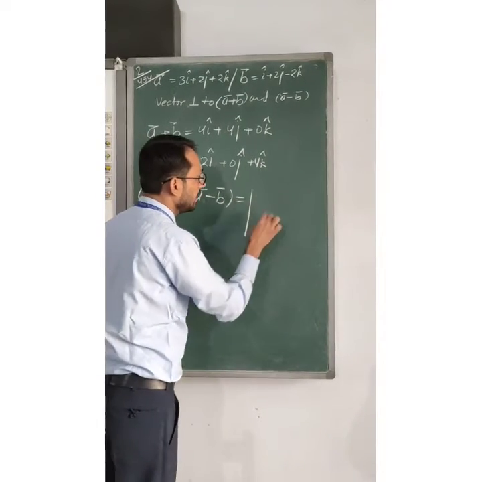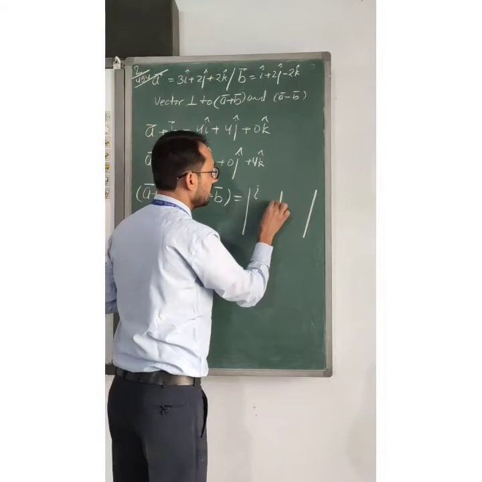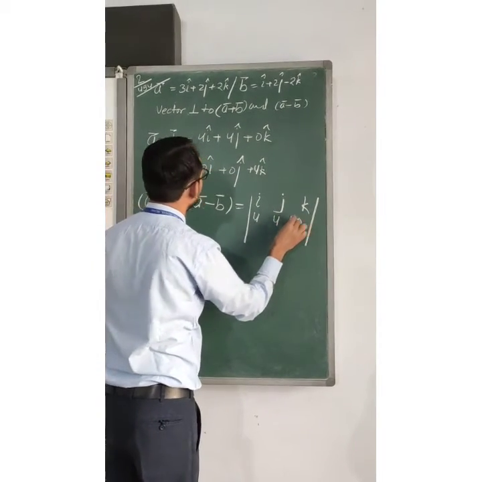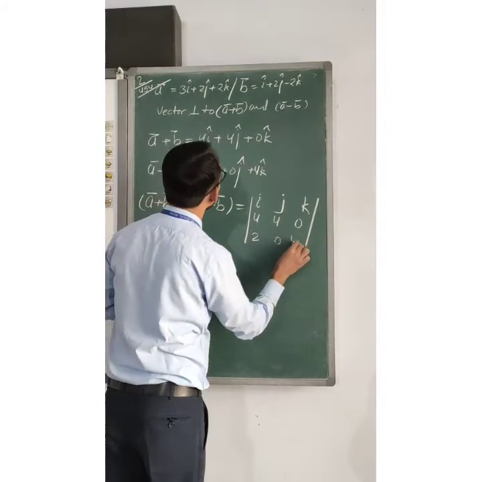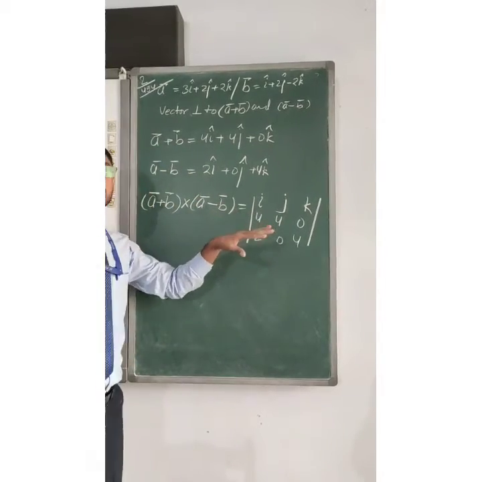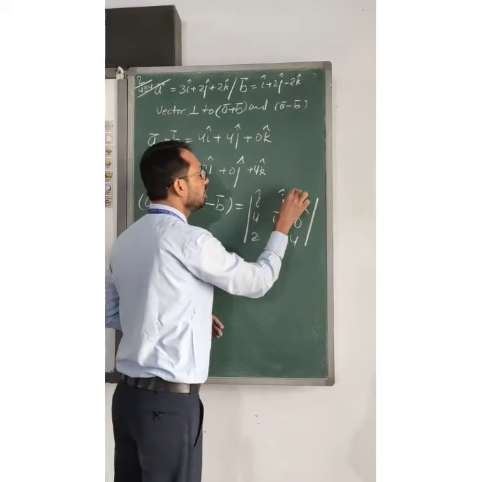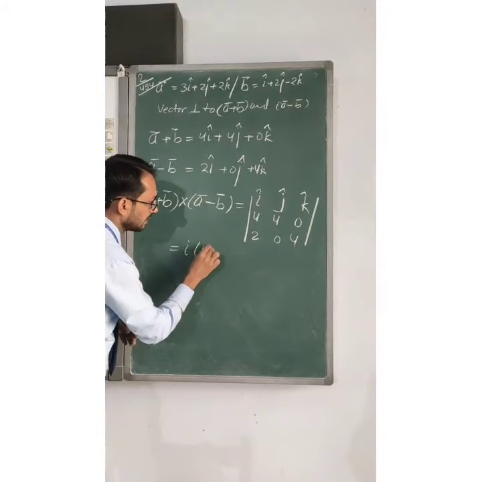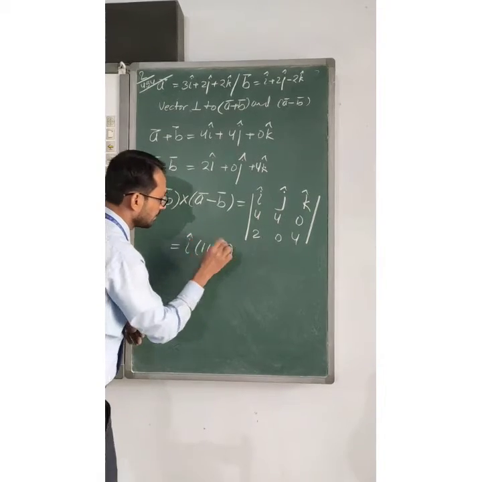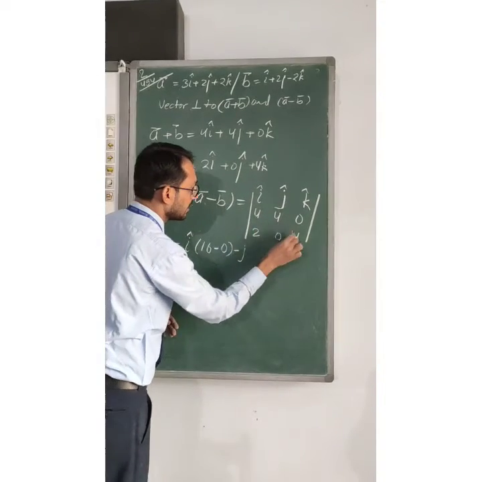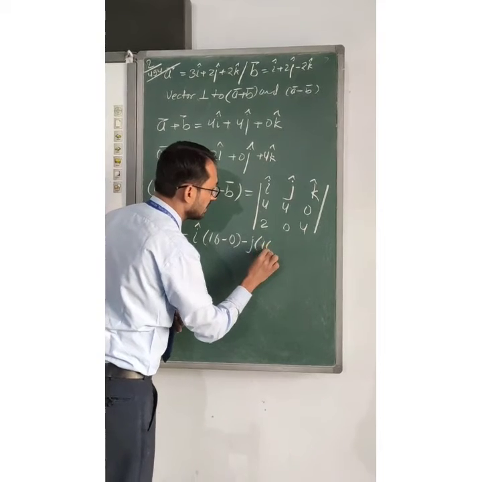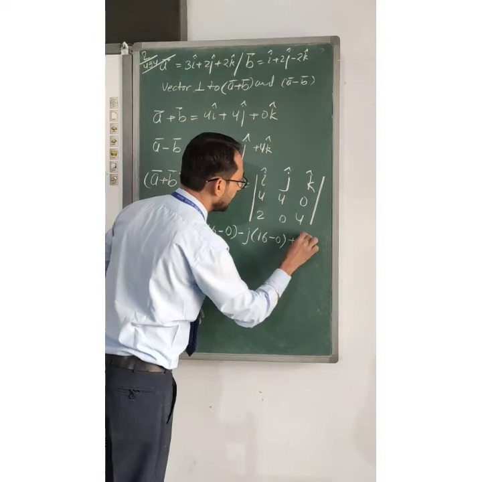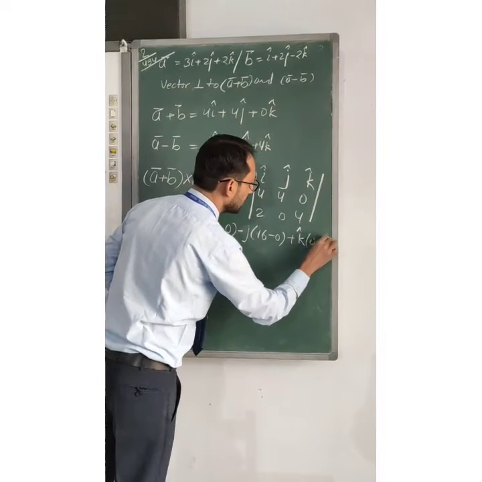So it will be the determinant i j k, 4 4 0, 2 0 4. This will give us a vector which is perpendicular to both of these. So that will be i times 16 minus 0, minus j times 16 minus 0, plus k times 0 minus 8.